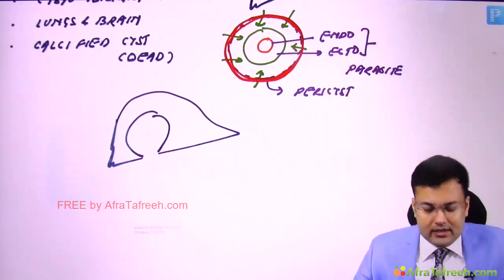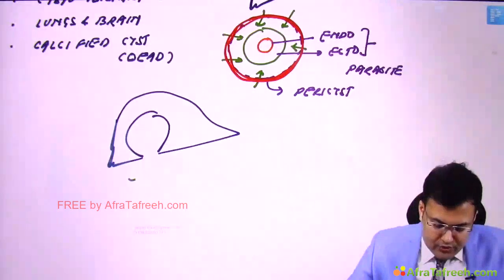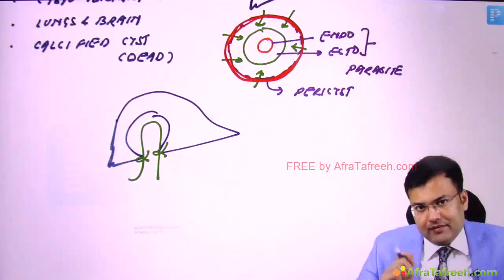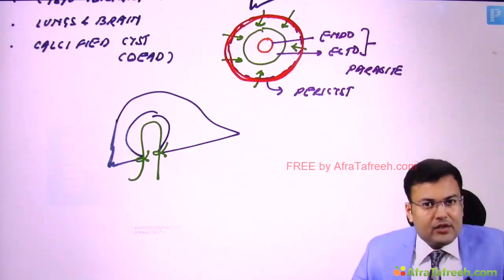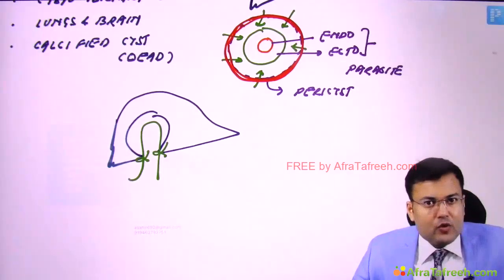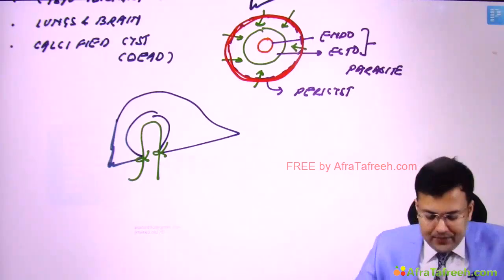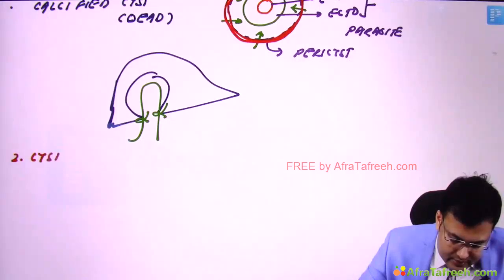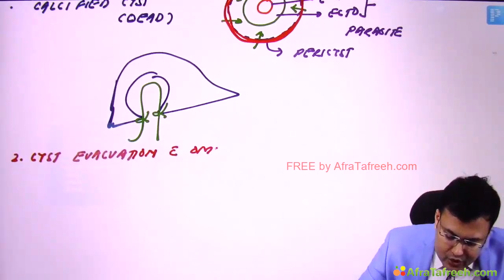After evacuating the cyst content, you put omentum inside, and you obliterate the cavity by fixing the omentum. You fix the omentum inside the cavity, so this is known as omentopexy or omentoplasty. So this procedure is cyst evacuation with omentopexy.